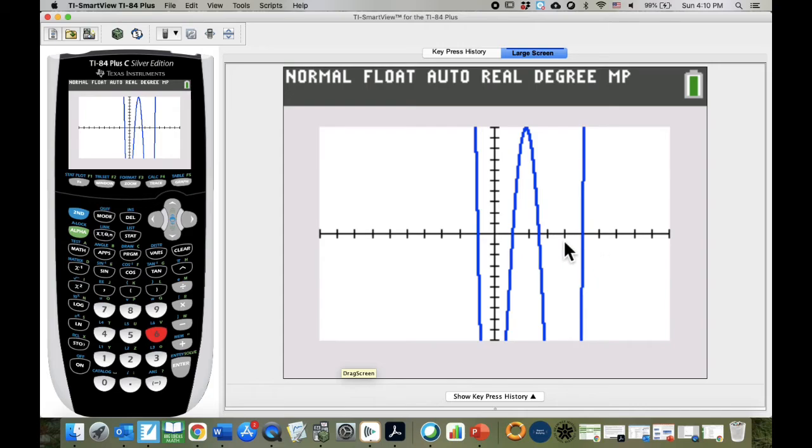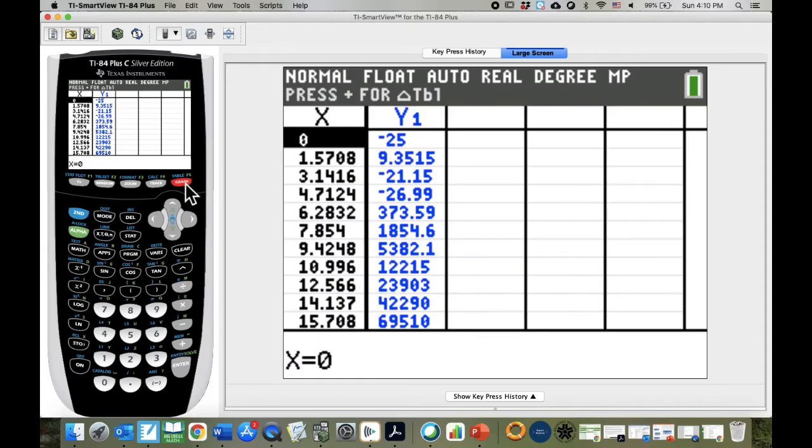which is also on my list. Now, one thing we can do is look at the table. If you want to look at the table, you go to Second, Table. Oh, I'm counting by pies. All right, so if yours is just counting 0, 1, 2, 3, 4, you're good. If yours is counting random things like me, you have to change it. So it says press plus for change in table. So I'm going to press plus, and I just want to change it by 1.